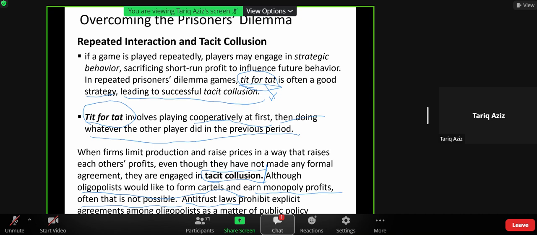If tacit collusion is happening, the Competition Commission of India will take some action. Sometimes tacit collusion is illegal also. Cartels are illegal also. Antitrust laws prohibit explicit agreements among oligopolies as a matter of policy.